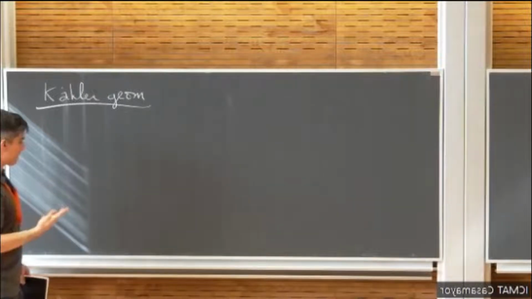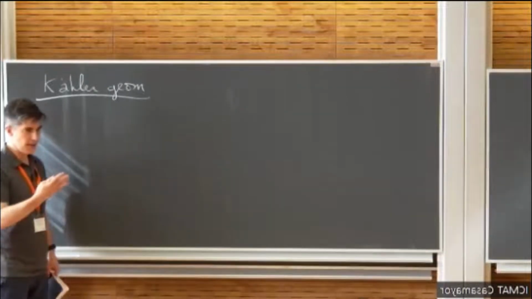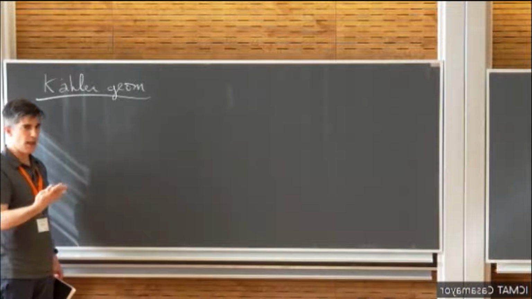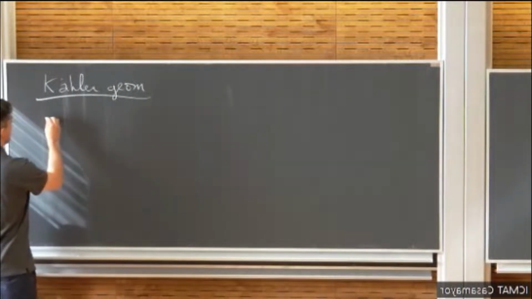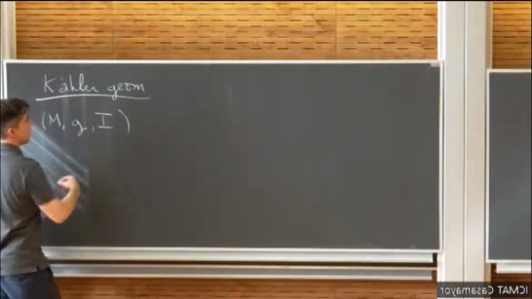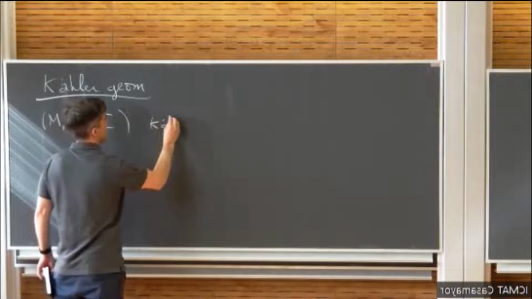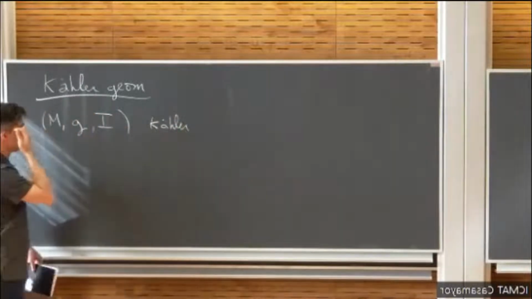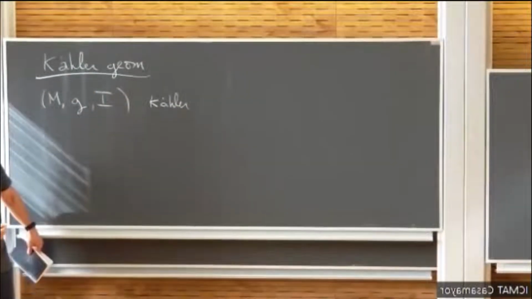It's an important idea at the start of his work on Kähler metrics. So let's say that we have a Riemannian manifold, but with a complex structure, so that it is a Kähler structure.